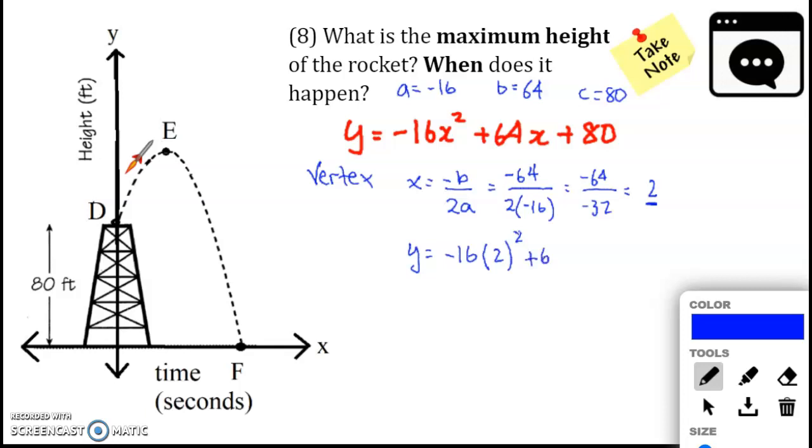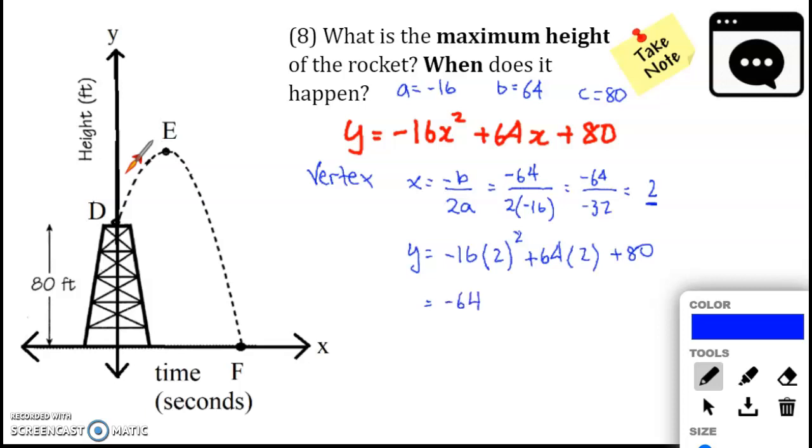Plus 64 times 2 plus 80. Okay, so this is 2 squared. Remember, order of operation, we don't do the multiplication first. We do the exponents. 2 squared is 4. 4 times 16 is 64.